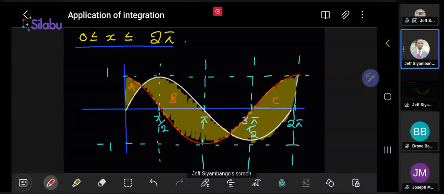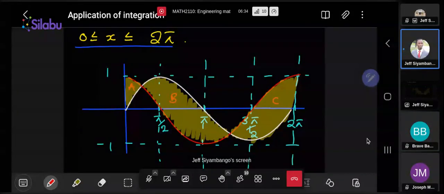Which of these areas are actually what we are looking for? What can you guys say? Not everything here works for us.